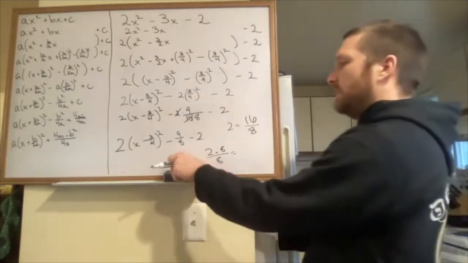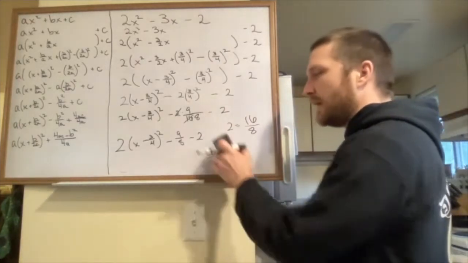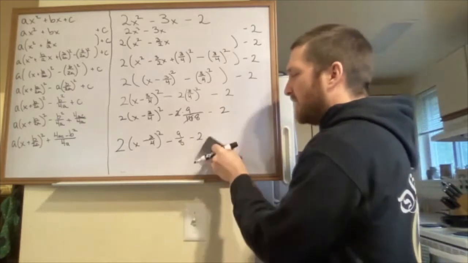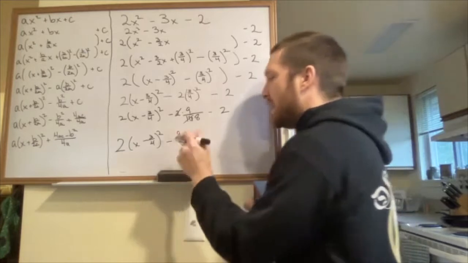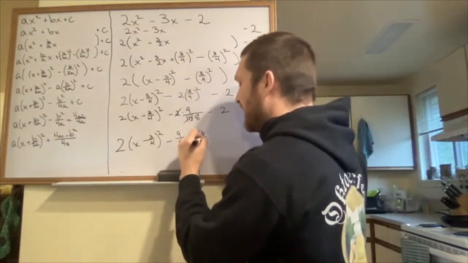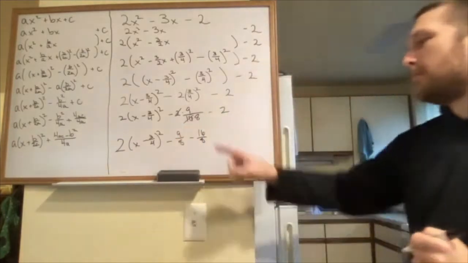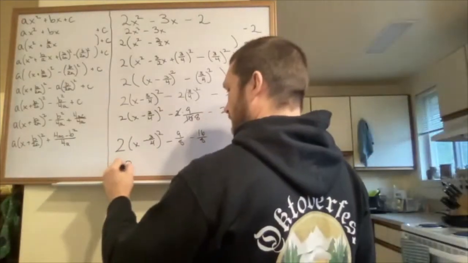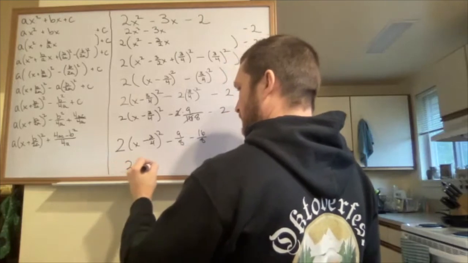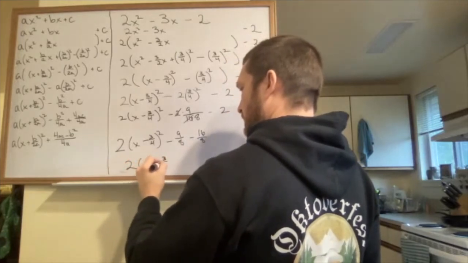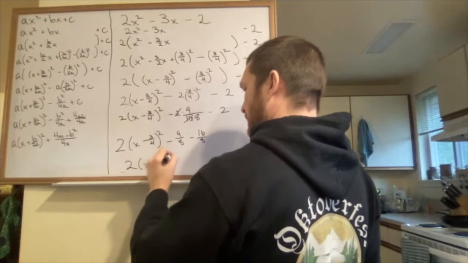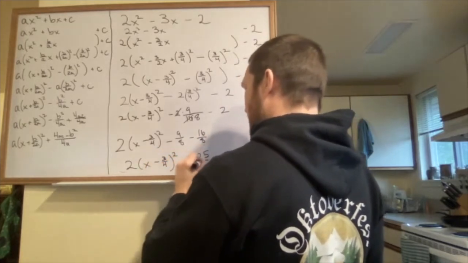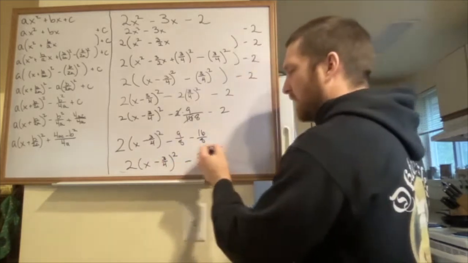So just to save myself room, I'm gonna rewrite it just in place right here. And instead of writing -2, I'm gonna write -16/8. -9 minus 16 is what? -25. I think so. -25. There we go. That's our answer.